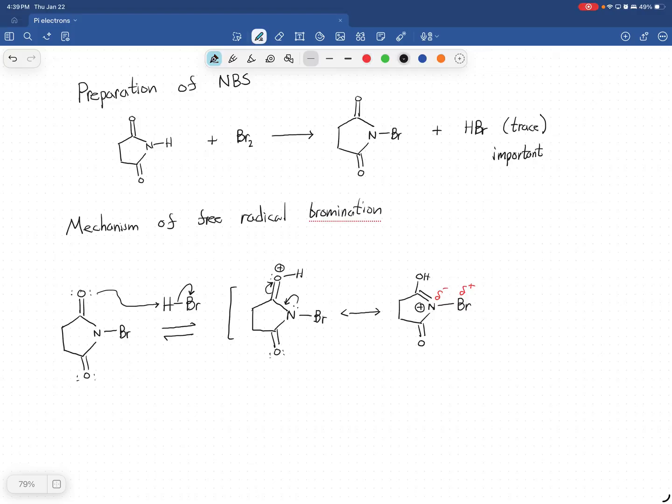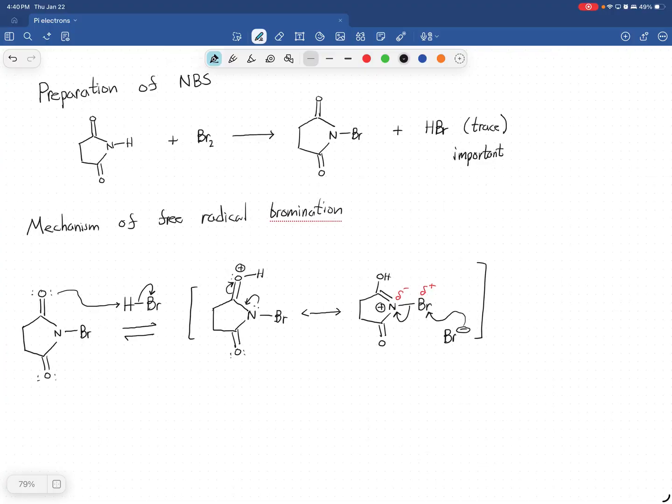So now, the bromine from the previous step here can come in and attack bromine itself because it's partially positive and kick off this group right here. So this is a resonance structure.